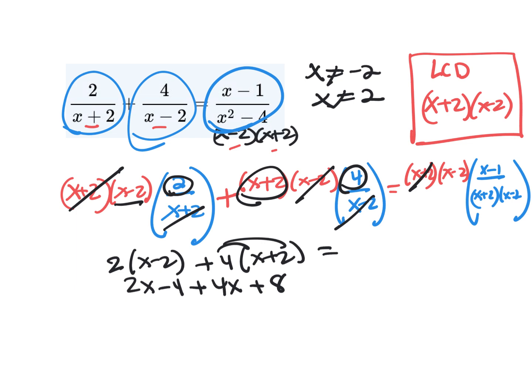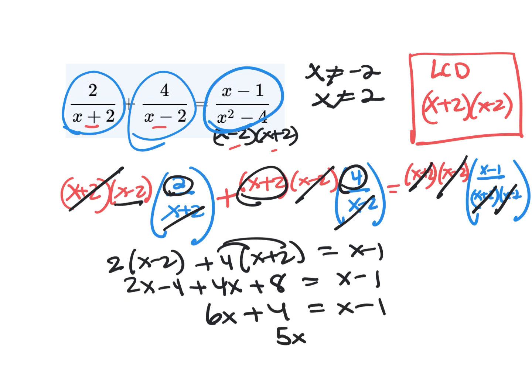And then both the x plus 2 and the x minus 2 will cancel out, and that will leave me with x minus 1. And then I'm going to combine like terms and solve this equation for x.